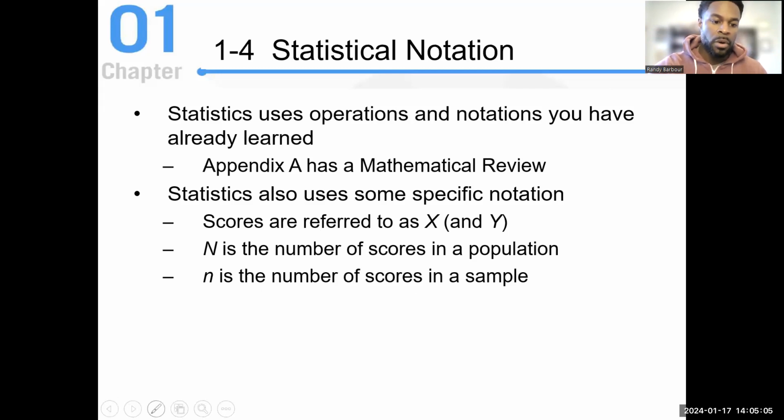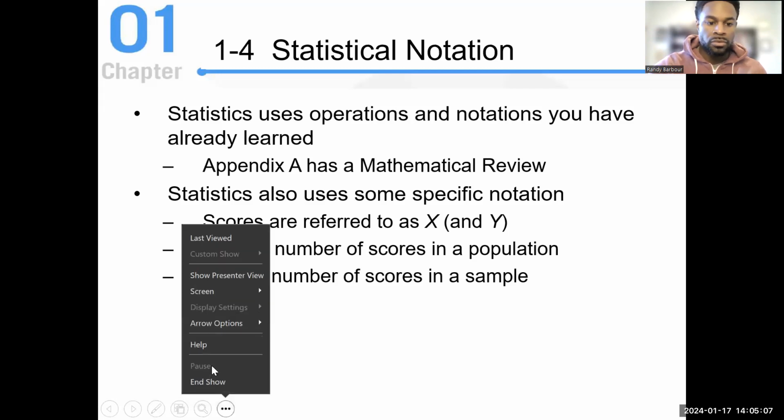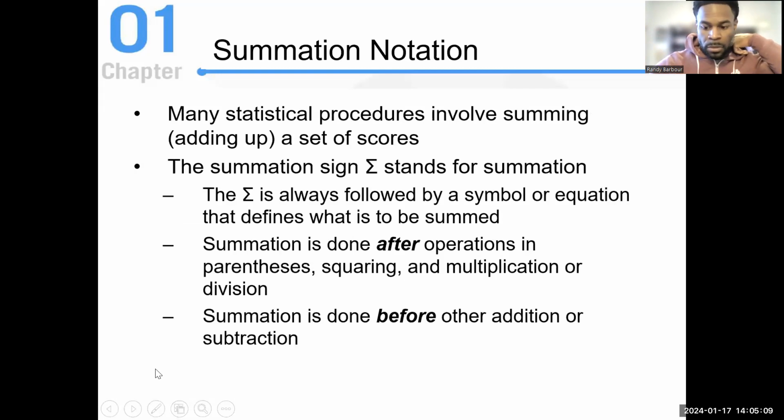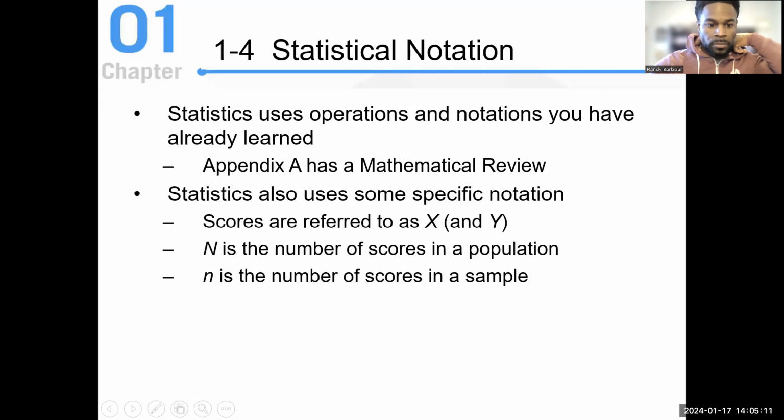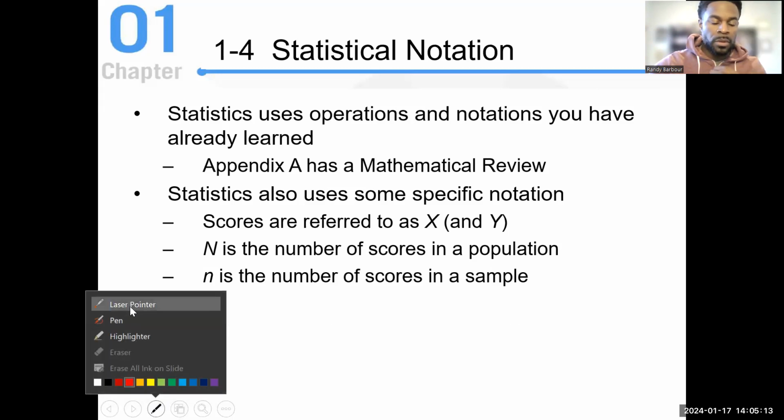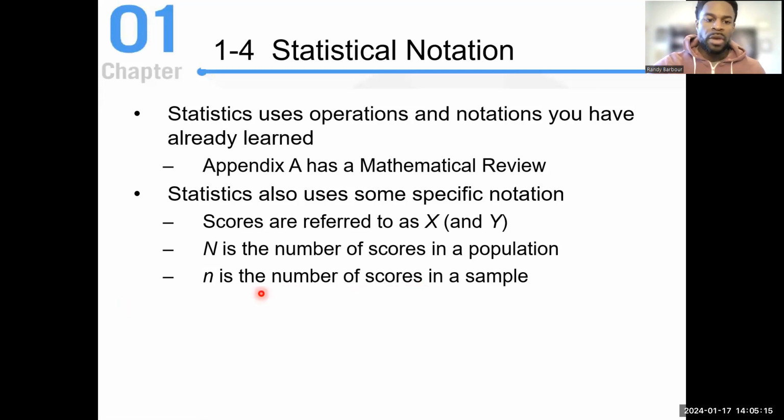Let me get my pointer so that we can talk through that. Okay, let's go back. All right, so again, you have little n here, the number of scores in your sample, and big N, the number of scores in the population. Usually, when you get a problem in homework or on a quiz or on an exam, they'll identify what we're looking for.